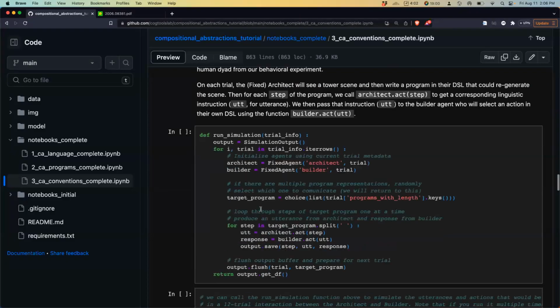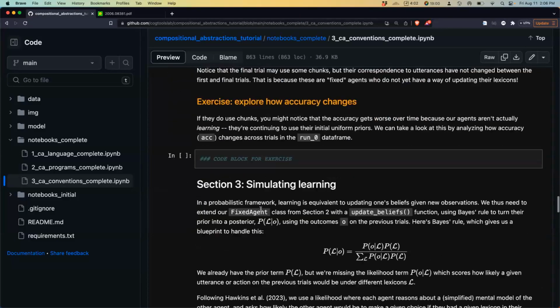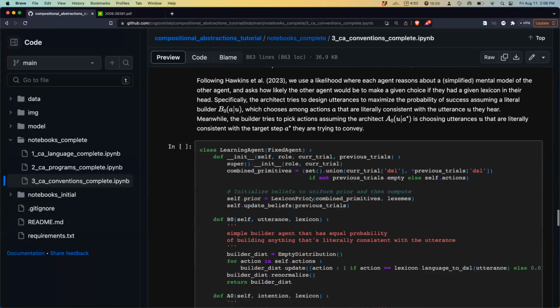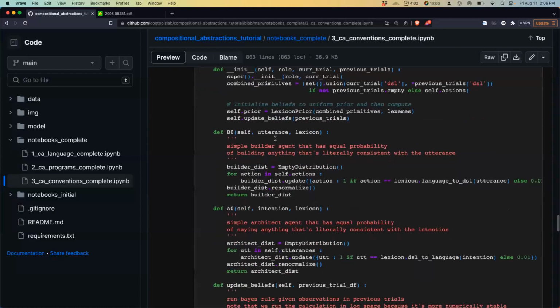And then you can simulate them. And this is the Bayesian stuff. You can write down this recursion where I write a builder function that takes in an utterance, loops over all the possible actions, scores them relative to whether their language means that thing, and returns the distribution.